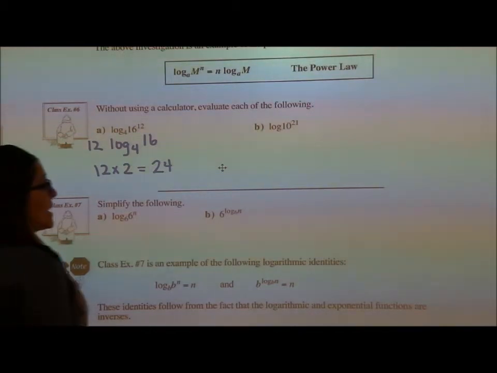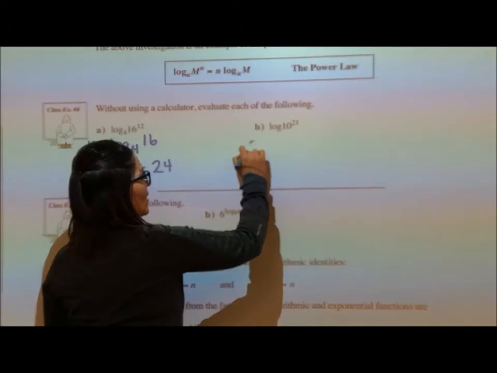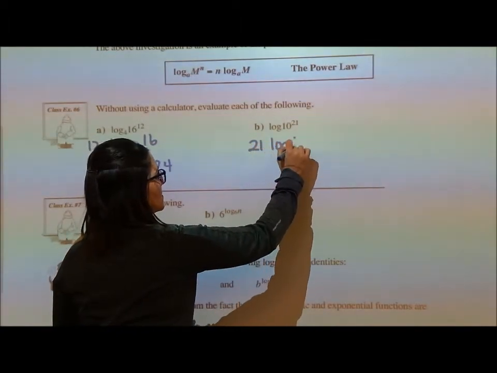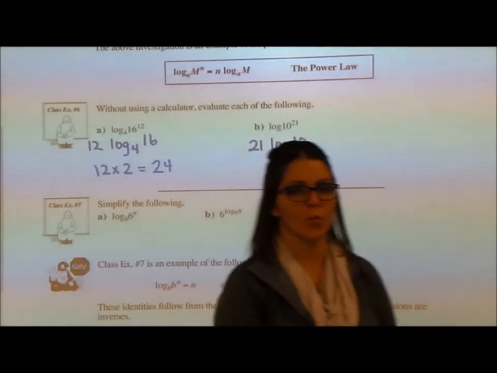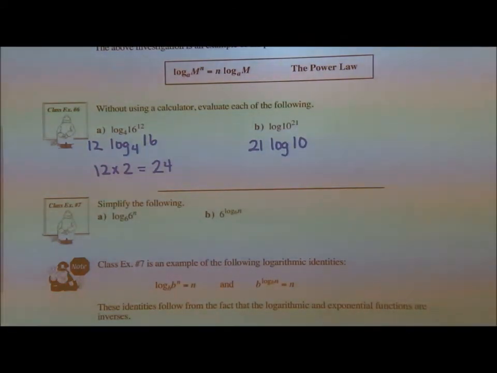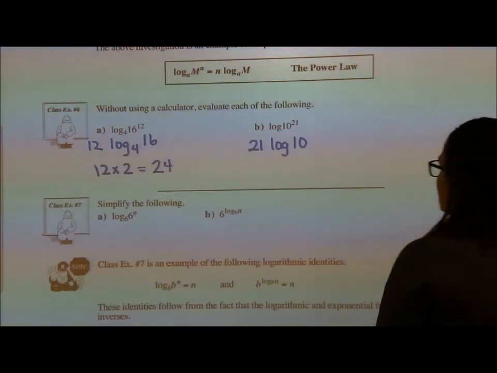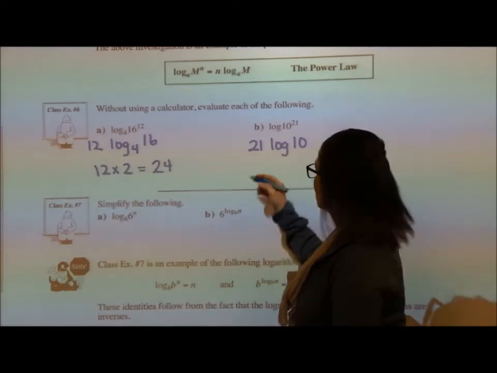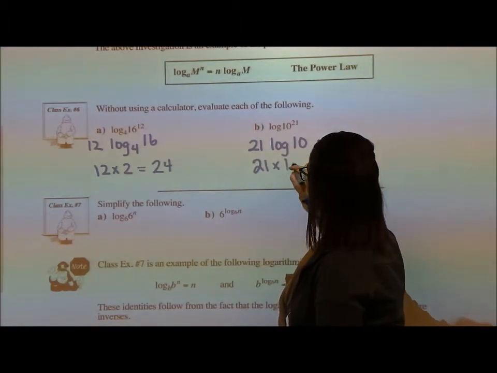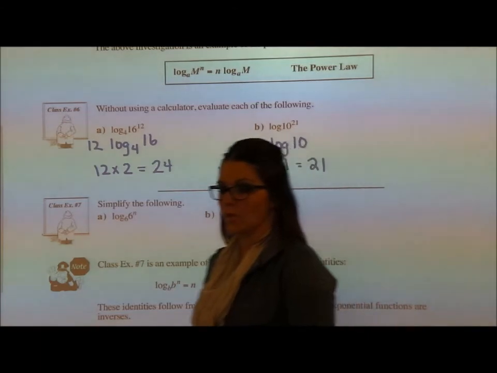For B, bring the 21 out in front, and I have 21 times log 10. What is log 10 equal to? 1, because the base of this log was actually 10. So I get 21 times 1, which equals 21.